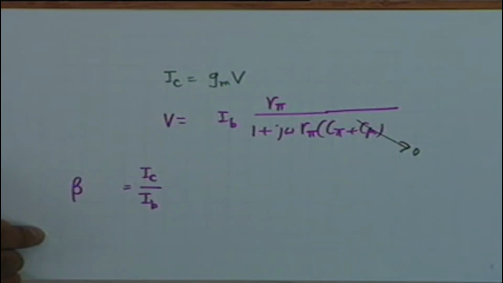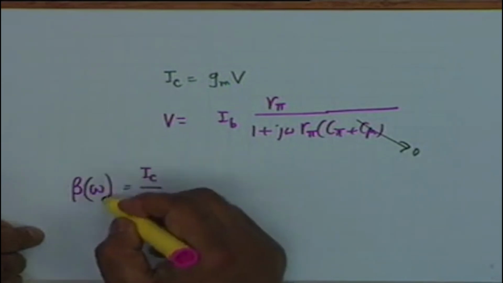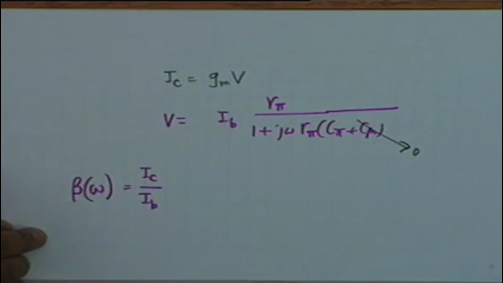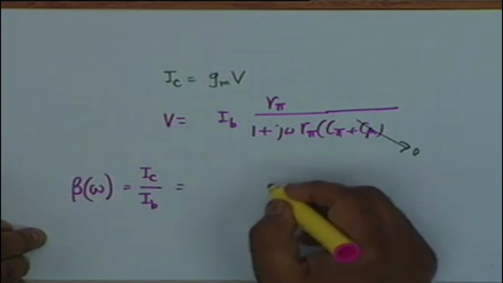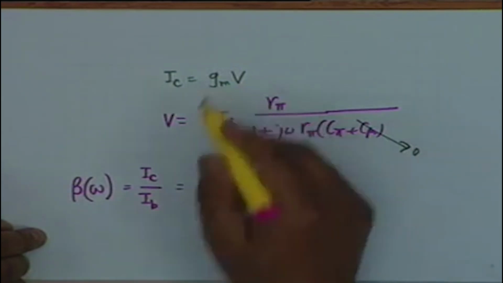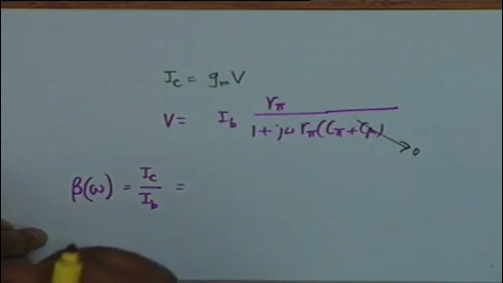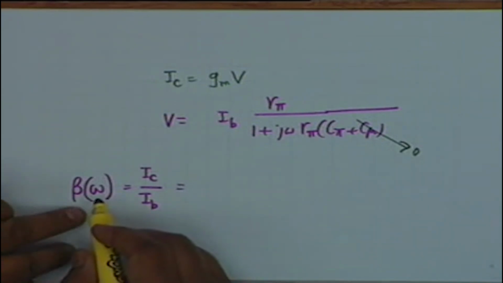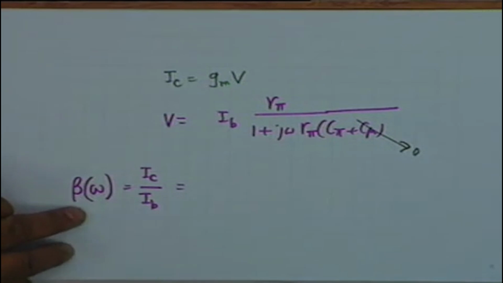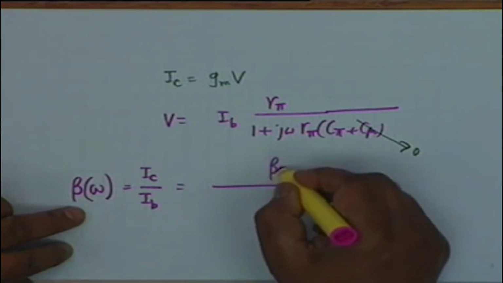But beta is a function of frequency, beta of omega. You can see that this is simply equal to g_m r_pi, which by definition is beta, but since beta is now being represented as a function of frequency, we should call that beta the mid-band beta. That means we will represent this by beta 0.